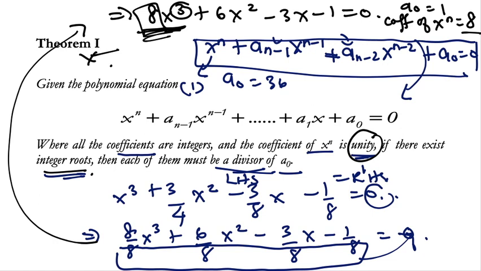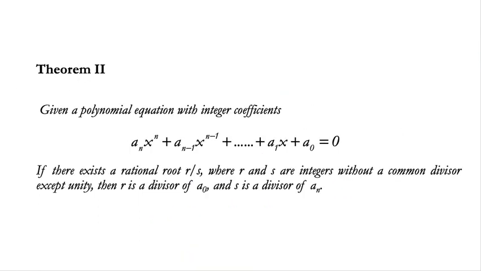That means we need to resort to a more general theorem, because the earlier theorem is not applicable to all different sets of polynomial equations. So theorem number 2 says what? Given a polynomial equation with integer coefficients, whatever value of integer coefficient, as long as this one here is not 1, this is the constant.